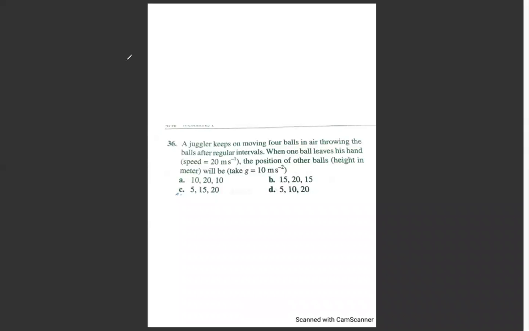This one, juggler, keeps on moving 4 balls in air, throwing the balls after regular intervals.